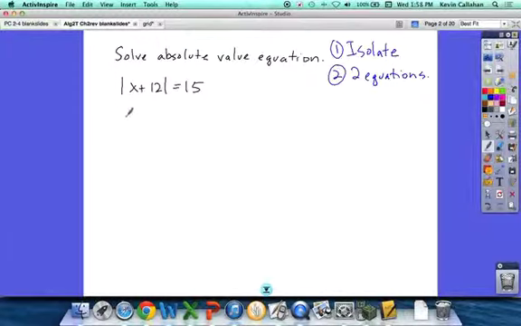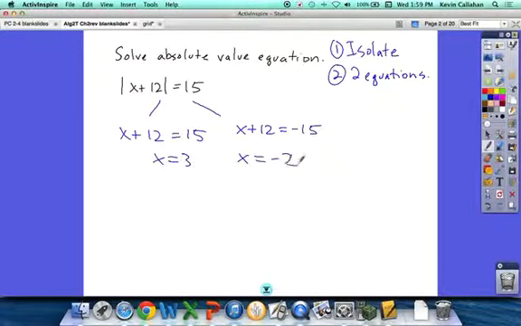So that's your 2 equations. Just break it into 2. Right? Neither one of these 2 has an absolute value anymore. The whole point of doing this is to get rid of the absolute value symbols. X plus 12 equals 15. X plus 12 equals negative 15. Solve. X equals 3. X equals negative 27.